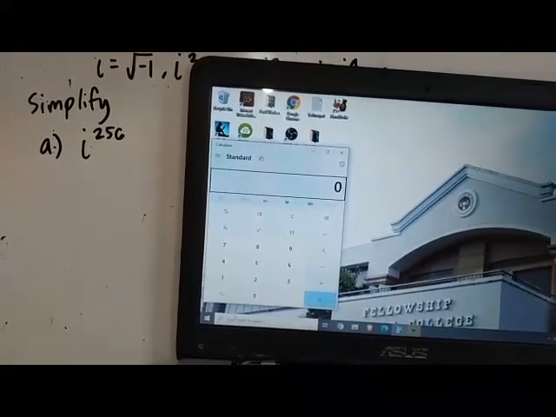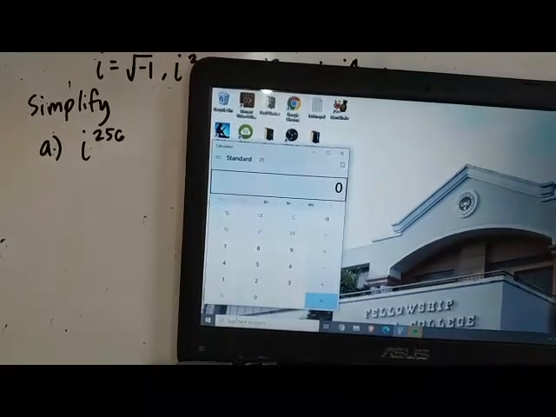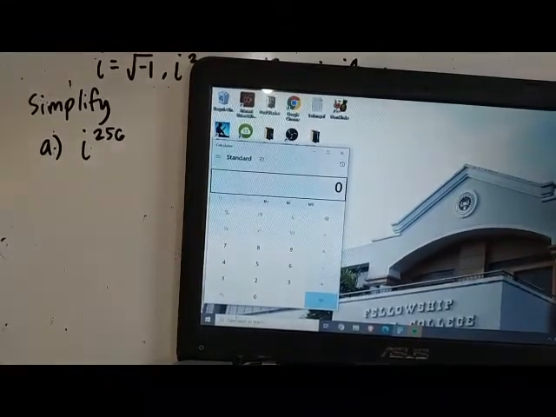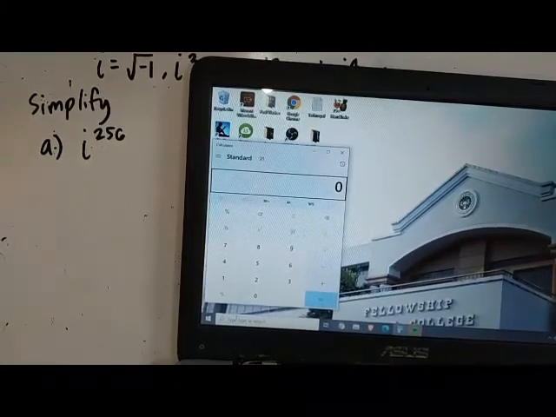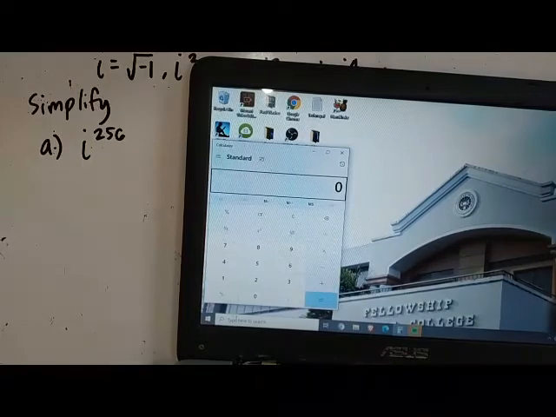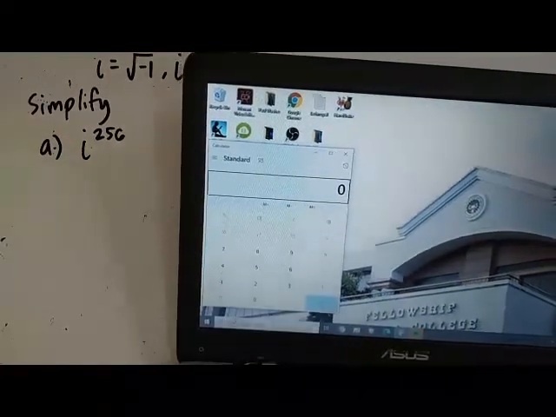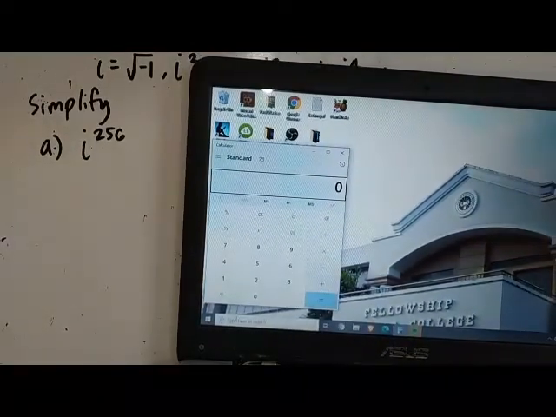So, paano siya isolve? Ang technique actually is pangitaon mo ang divisor sang 256, i-divide mo ang 256 sa 4. Kay nakita ta nga ang I to the power of 4 is equal to 1.